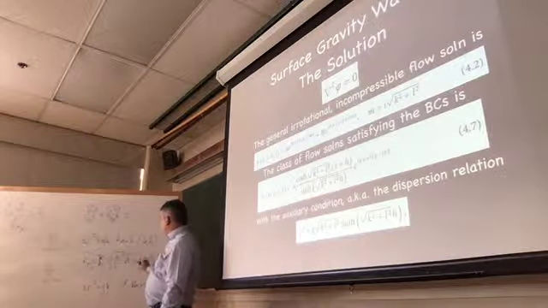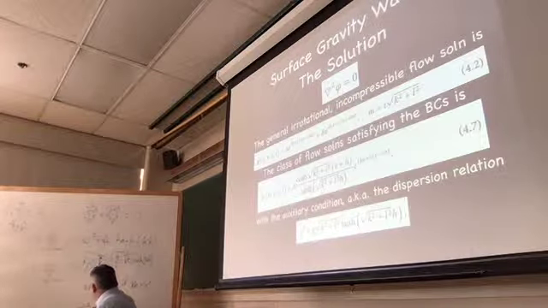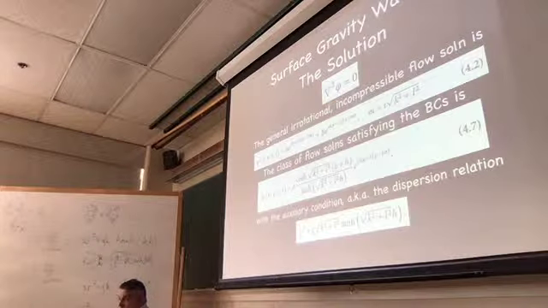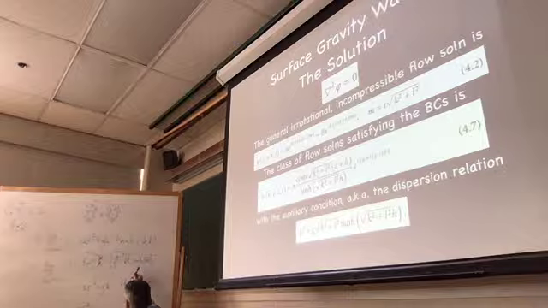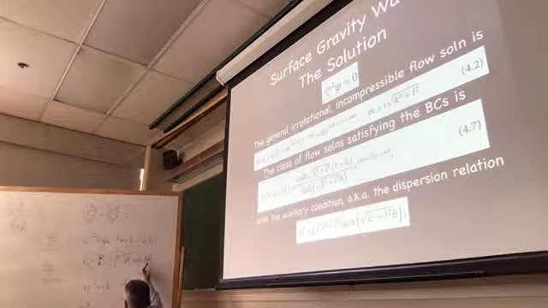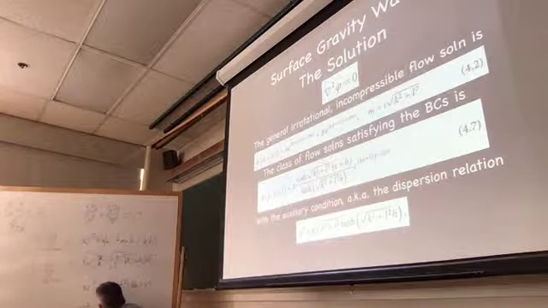And what's the other limit? What if k h is really small? What happens? Then tanh becomes something with a slope of 1, so it's just equal to whatever's inside. Let's put it a little bit approximately.